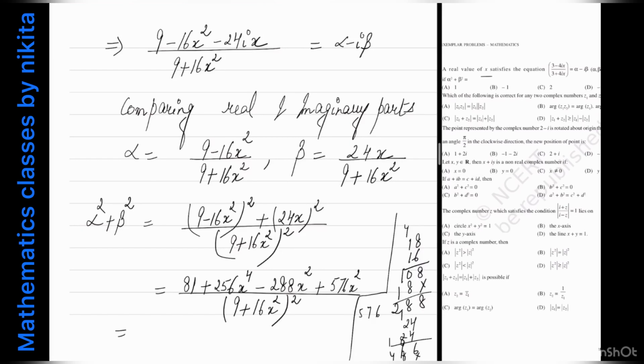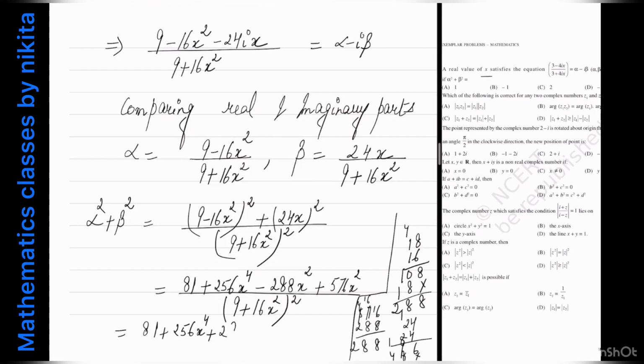And now I am simplifying this, so you will get 81 plus 256x to the power 4 and then plus 576 minus 288. Look, 576 minus 288 will be 288.